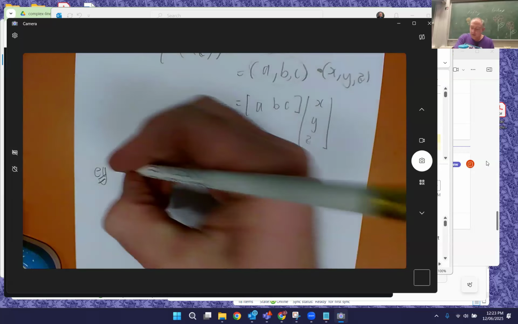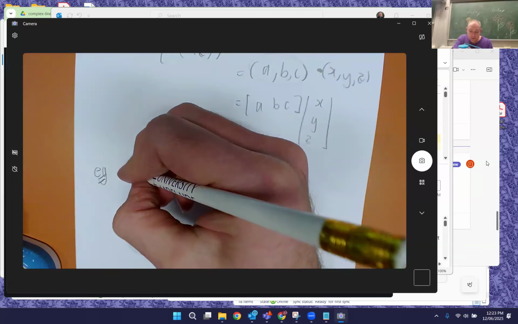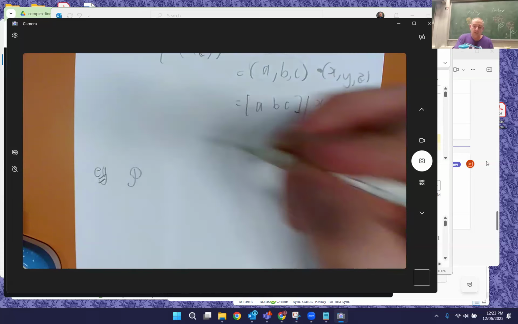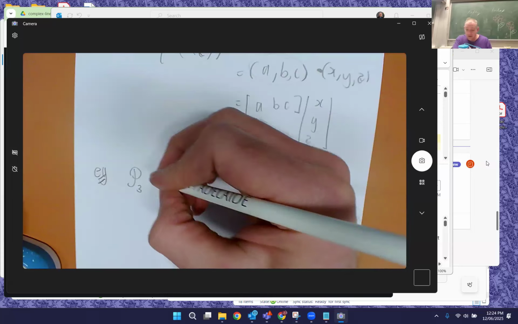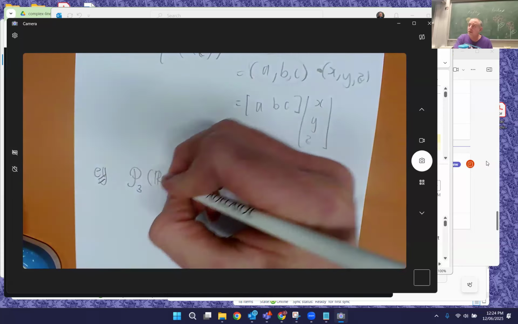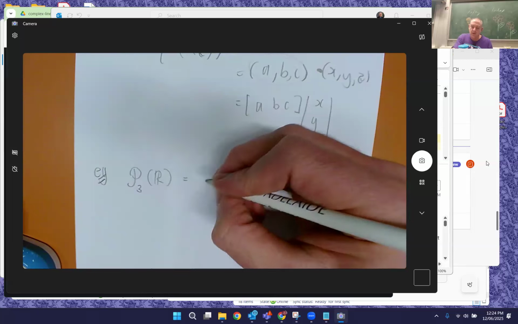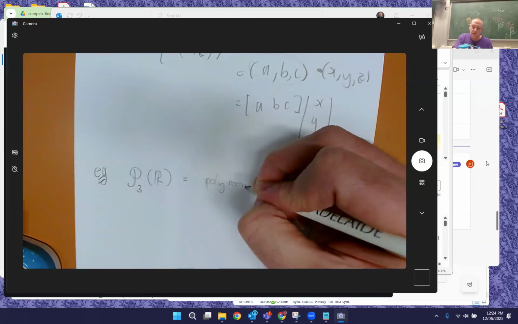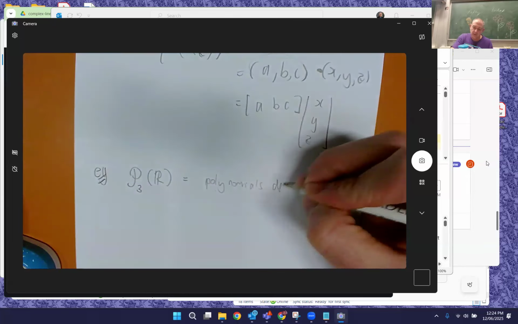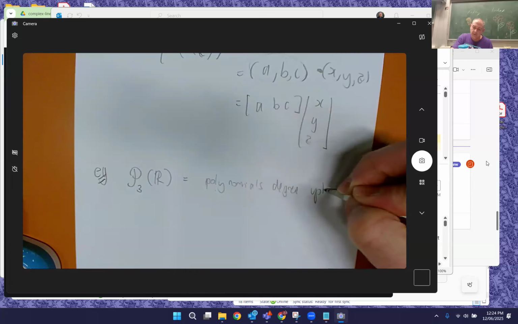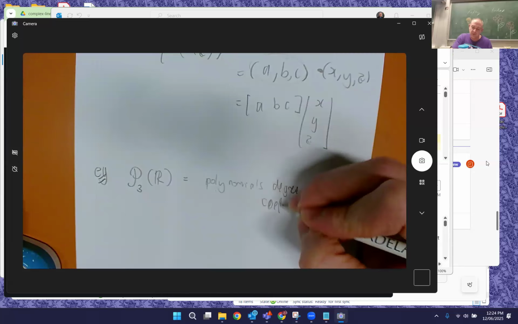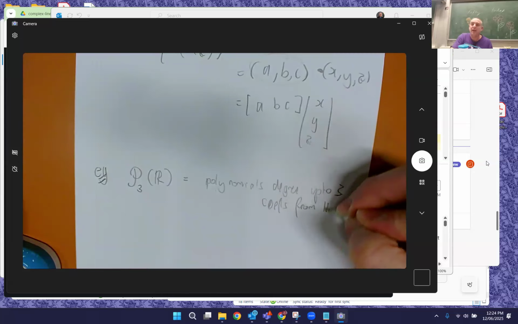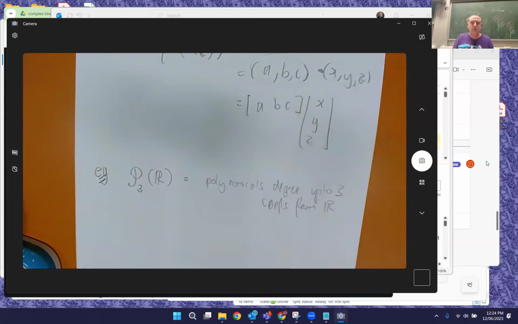So we have curly P 3, and then with an R, and that would be the polynomials up to degree 3 with coefficients from R. Yeah, okay, cool.